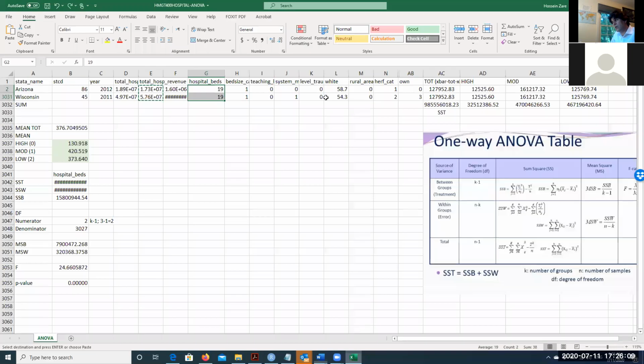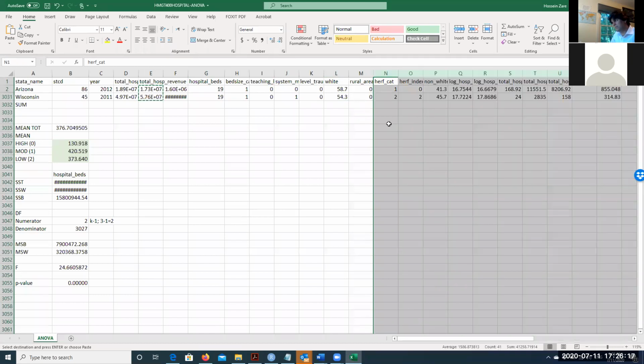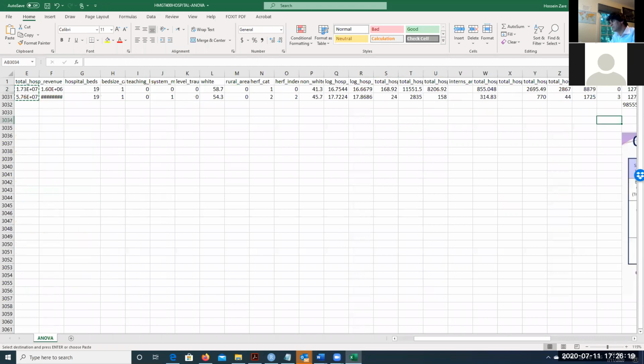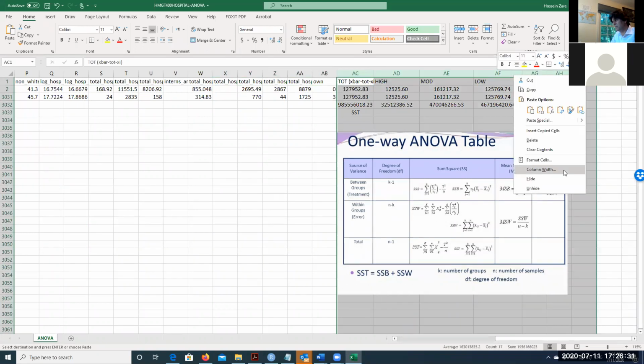So you should go ahead here and see this one. Okay, this is total hospital discharge. You can compute this. Let me hide them here momentarily.